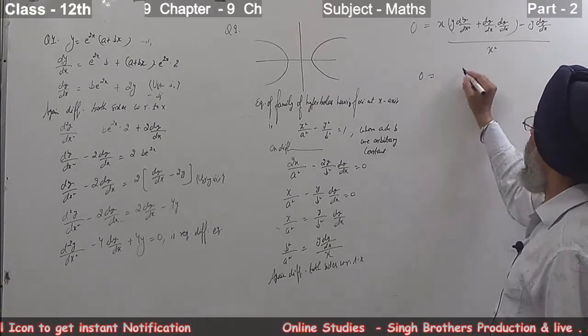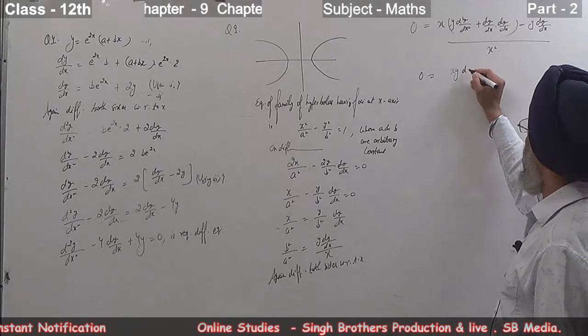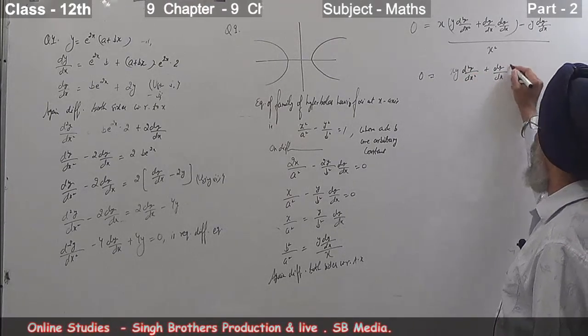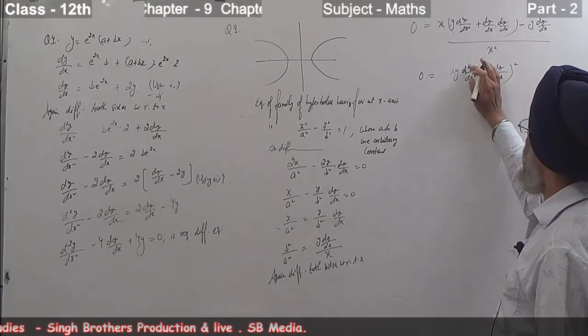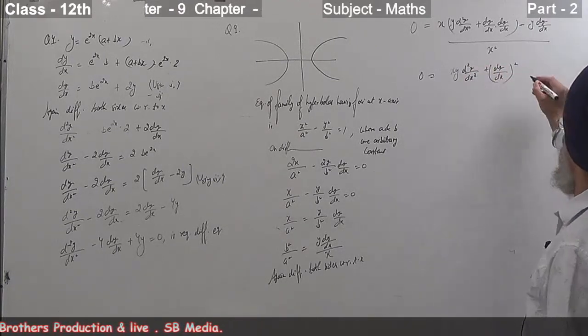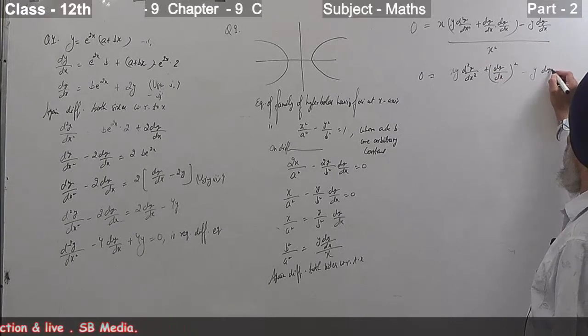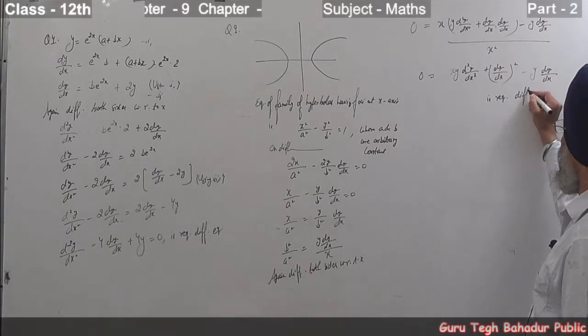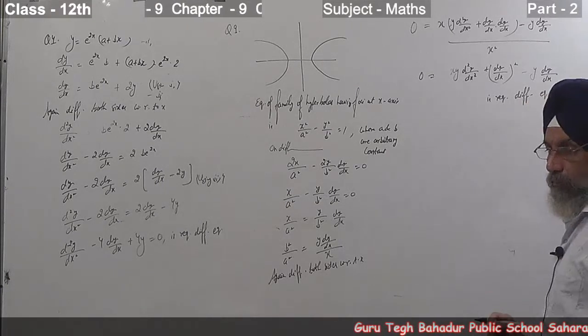It becomes 0, so x y d square y upon dx square plus x (dy by dx) whole square minus y dy by dx is the required differential equation. Clear?